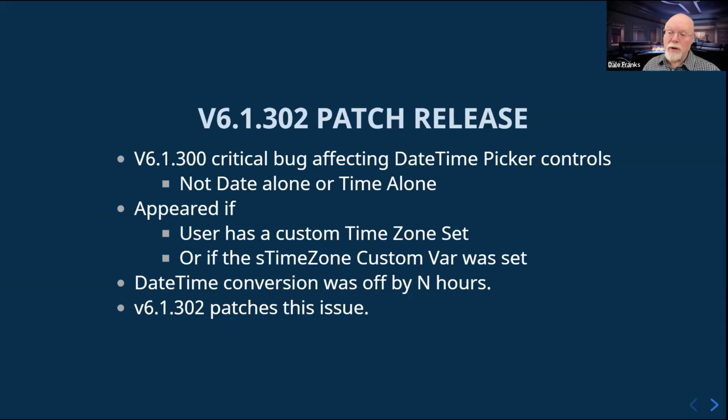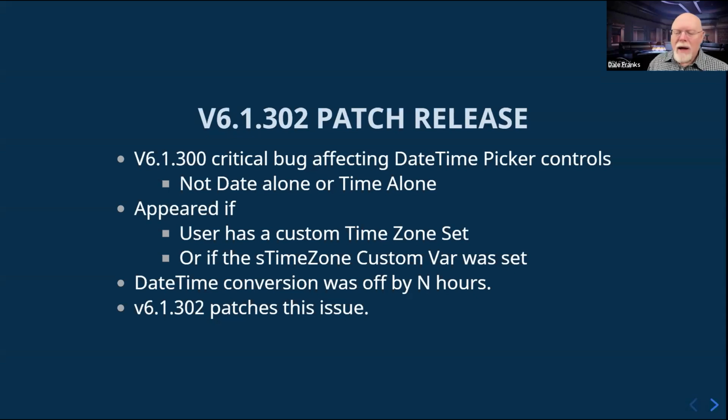And under some circumstances, it could be serious. It would certainly throw off your due times if you had them being set by a date time picker, or you were trying to schedule a meeting with a date time picker or something like that. It would be wonky if all of the attributes that I list here on the slide were true.